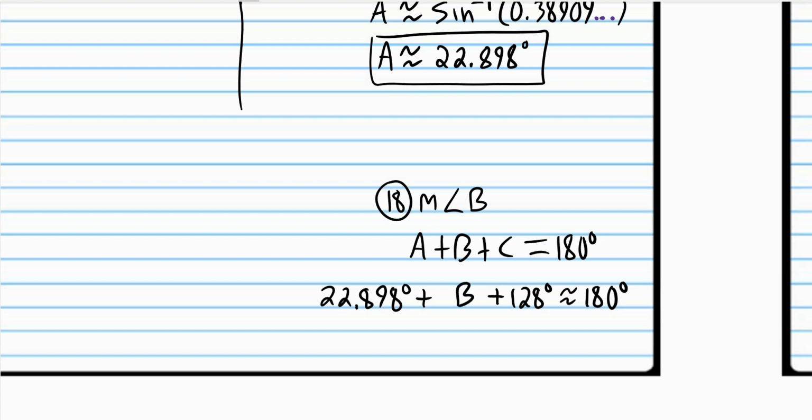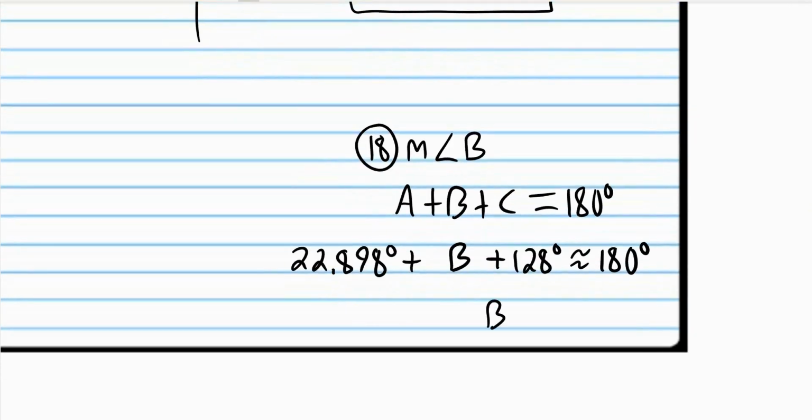So we can subtract 22.898 degrees from 180, and then subtract 128 from that. And the measure of angle B is approximately 29.1 degrees. So there you go.